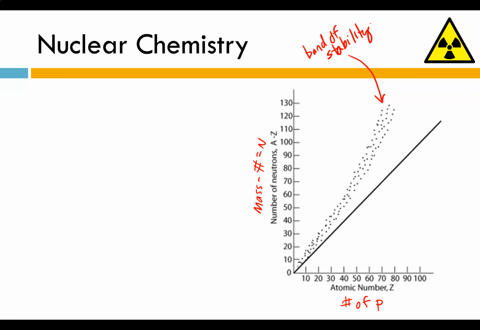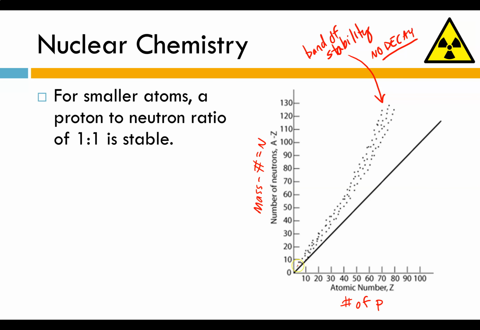And those are showing us the ratio of protons to neutrons that end up being stable, giving us nuclei that have a favorable ratio of protons to neutrons, where we will not see decay. So these are not radioisotopes.